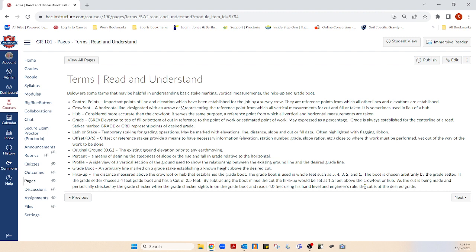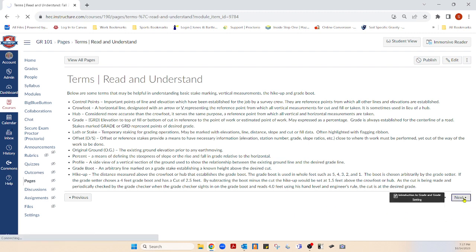You will get there, and on the way down you can take shots at that grade boot and let your operator know how much further down he needs to dig, trench, or grade with the dozer or motor grader. So those are the terms I set up to get us on the way.